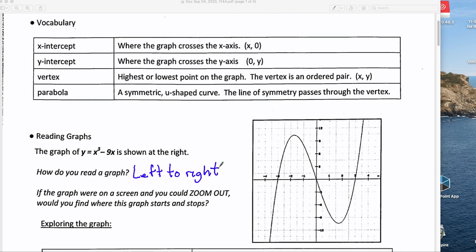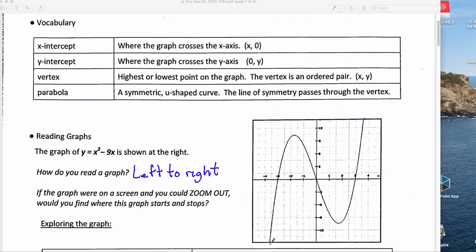All right, if this graph were on a screen that you could zoom out on, like a calculator screen, I could zoom this one out, but I'm not going to because it would mess up what you're looking at. Could you find where this graph starts and stops? It's not a trick question. There's a point right here and a point down here, but that isn't where this graph ends.